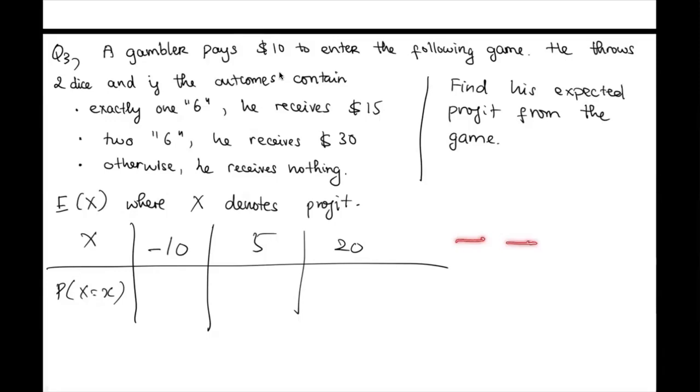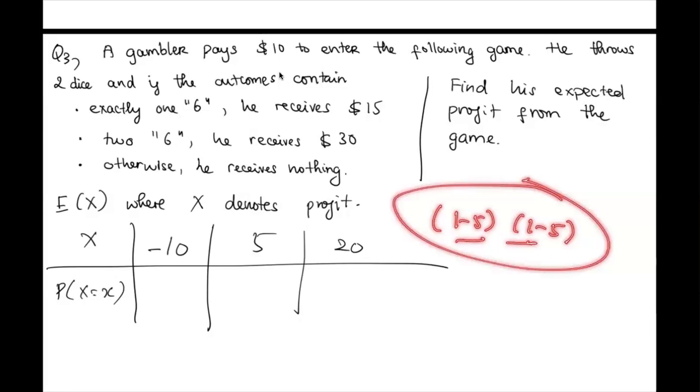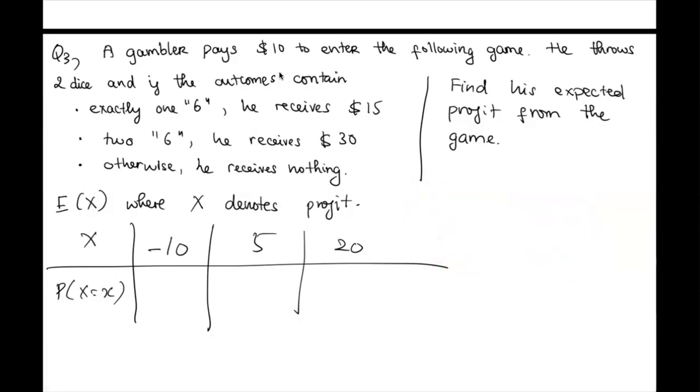He got no 6 means that in each position, he just got some number from 1 to 5. Then the probability is that this spot is some number from 1 to 5, and this spot is some number from 1 to 5. This will give me 5/6 times 5/6, which is 5/6 squared.